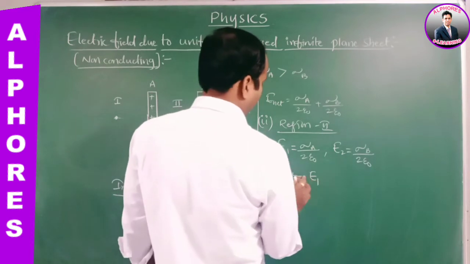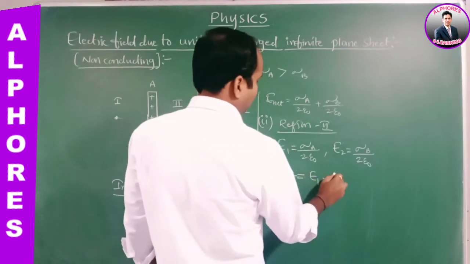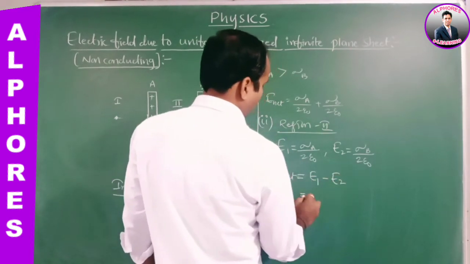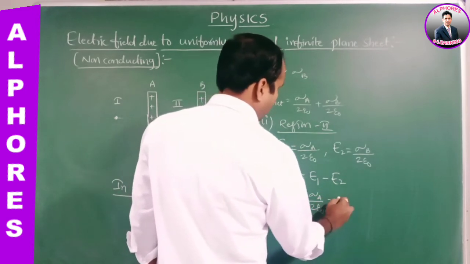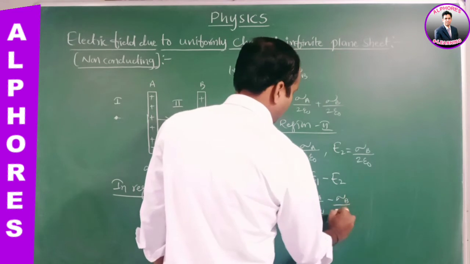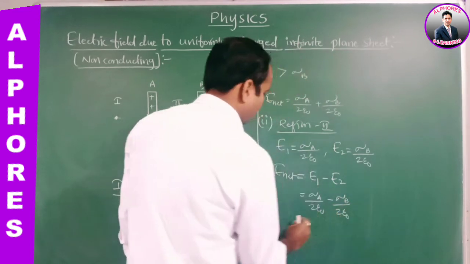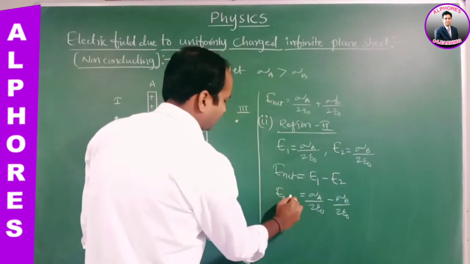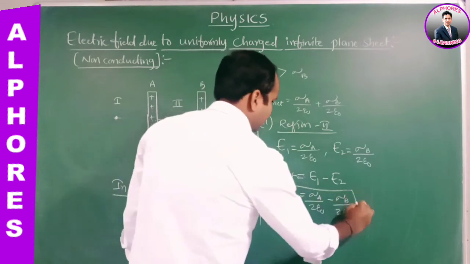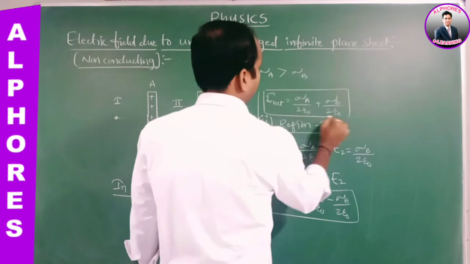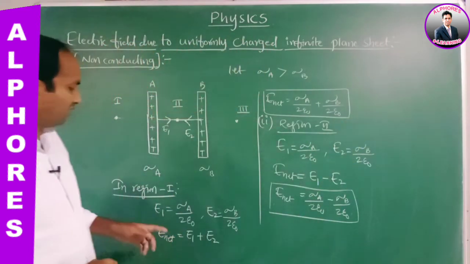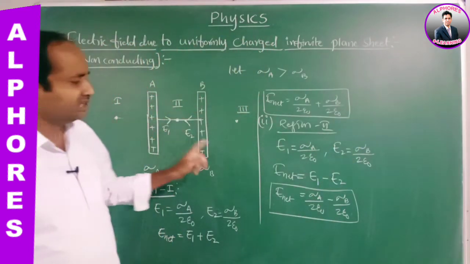So we write E1 minus E2, that is sigma A by 2 epsilon naught minus sigma B by 2 epsilon naught. This is the net intensity of electric field in region 2, and that was in region 1.